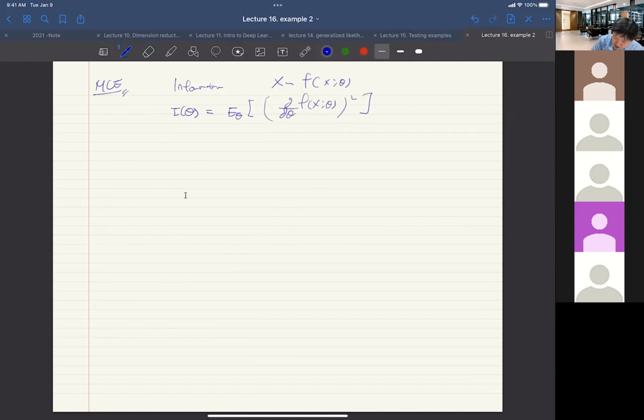Okay, so if you have an IID data set, then your information will be, let me say this is I1. Let me define this as the information with one data point or population. And the information with this n data set is the same, but this should be the log of the joint density of X. I forgot to write down the log.